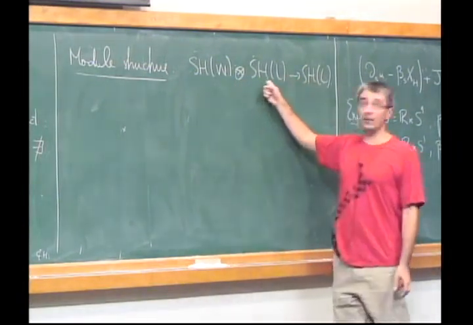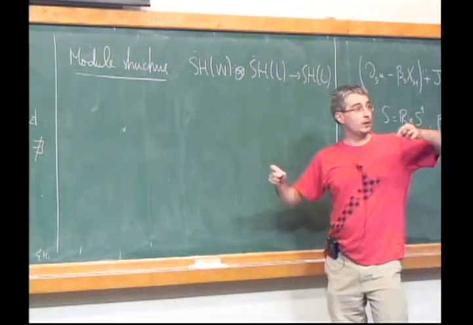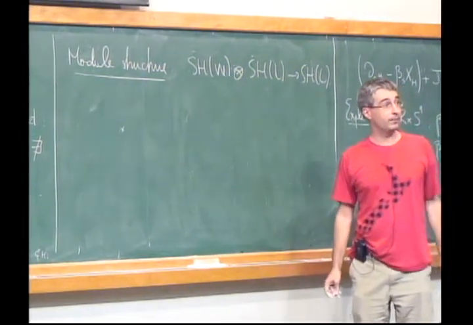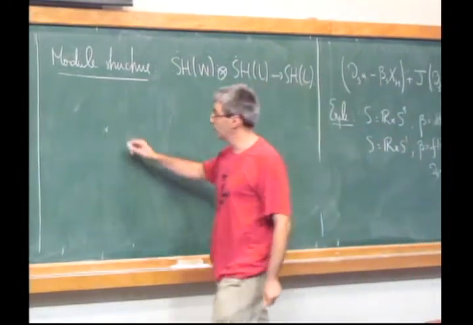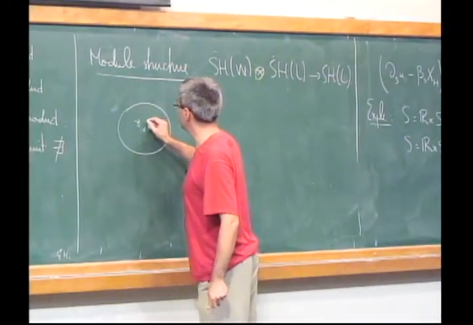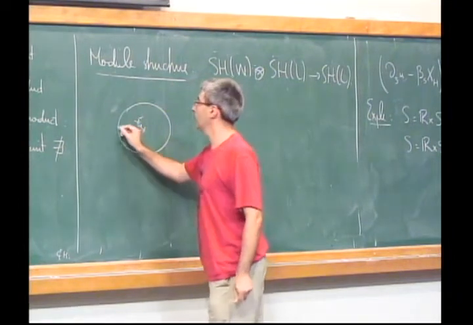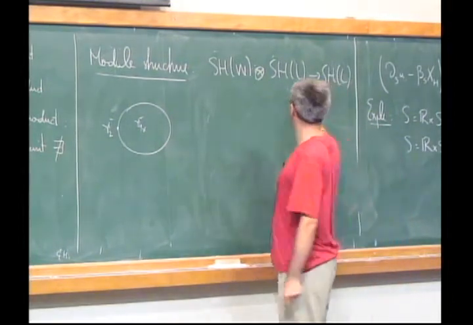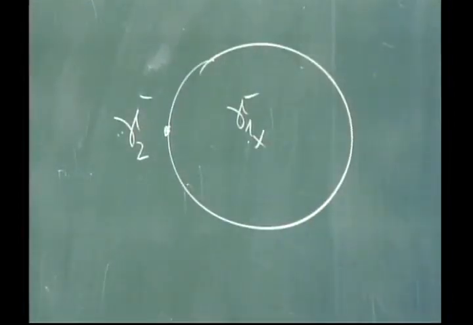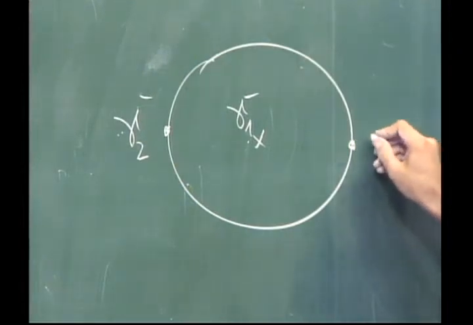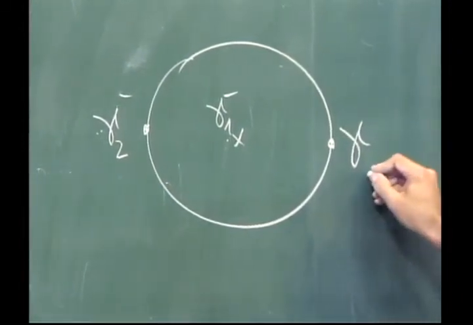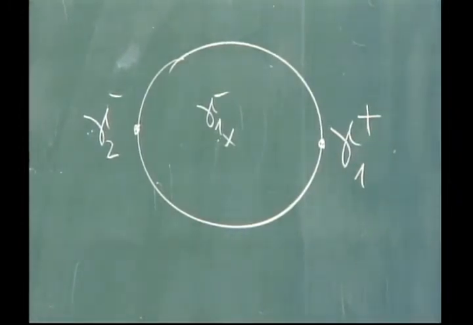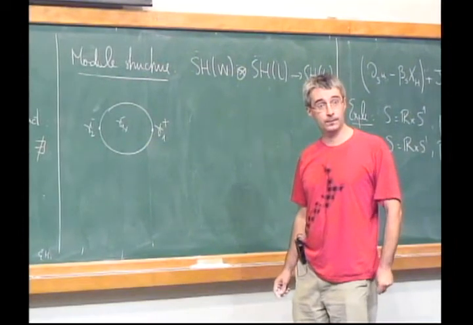But then inputs given by Reeb chords, or Hamiltonian chords, if you wish, are given by punctures on the boundary, right? So we need one interior puncture, one puncture on the boundary as an input, and then we want to spit out one generator of the Lagrangian version. So I'm going to put a puncture on the boundary, which is a positive end, an output, right?